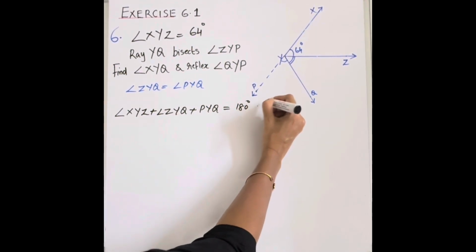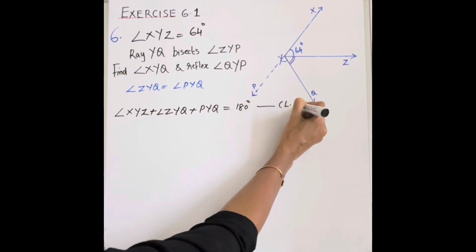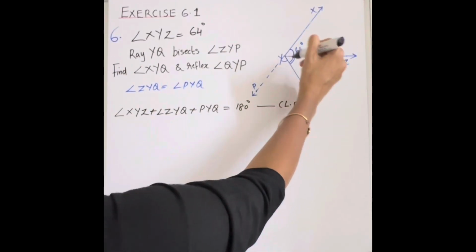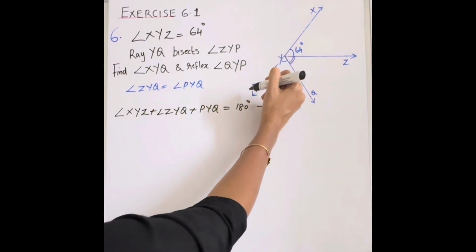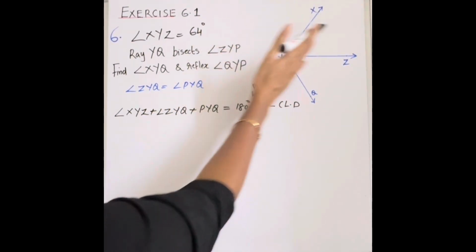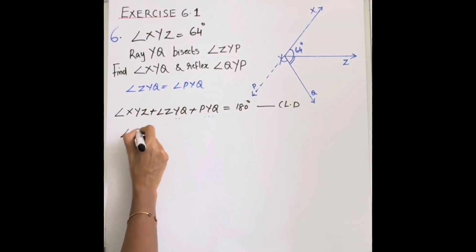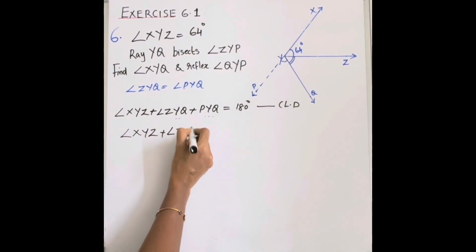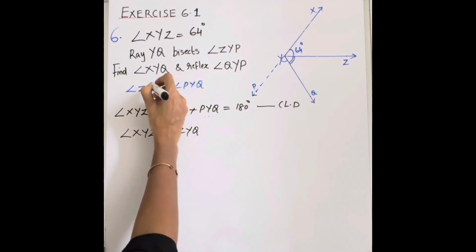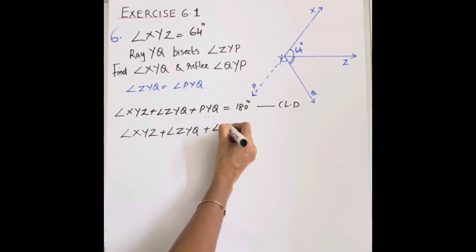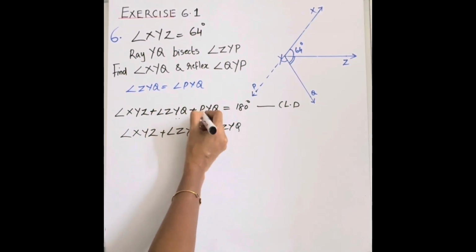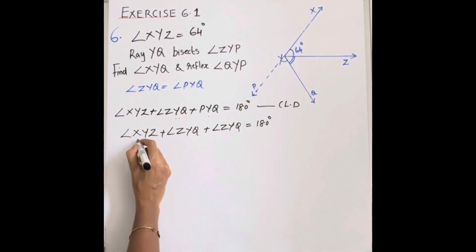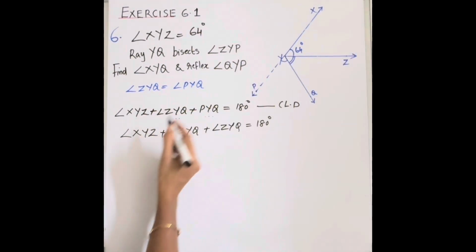Why? Because this is a linear pair. You know how it's formed, right? XYZ, ZYQ plus QYP, in this line, forms the linear pair. So we will write XYZ plus ZYQ, and instead of PYQ we write ZYQ itself, because these two are equal. It's equal to 180 degrees. And we know XYZ is 64.